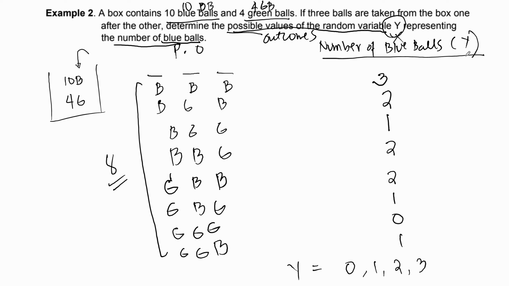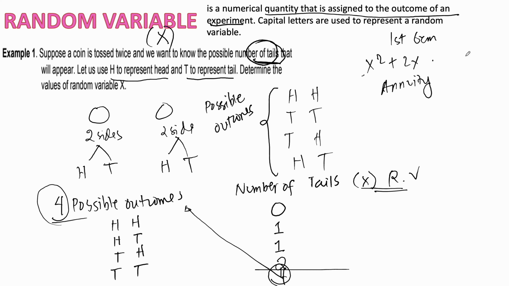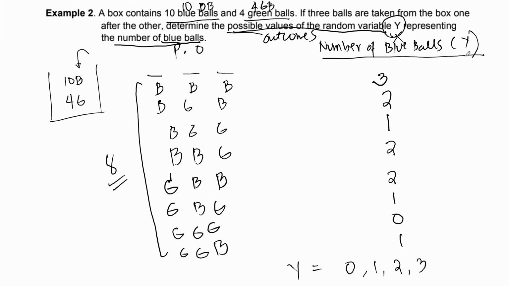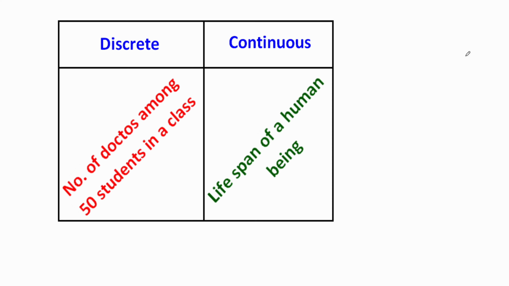So, yun yung sa pag-determine ng random variable given a statistical experiment. Okay? Do you have any questions so far? So, if none, I'll proceed to the discrete and continuous variable. Okay?